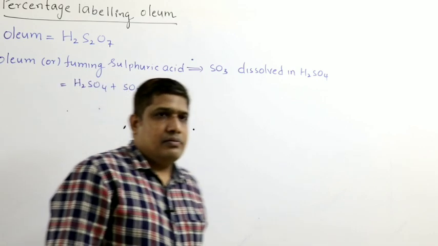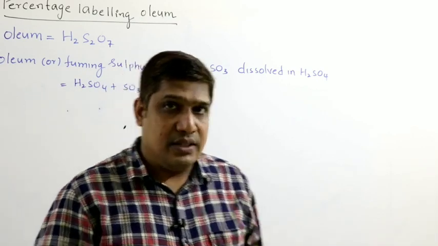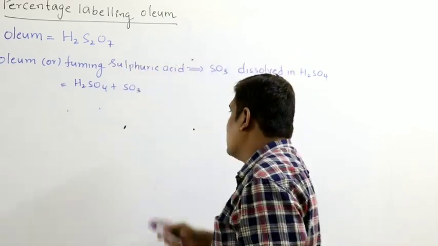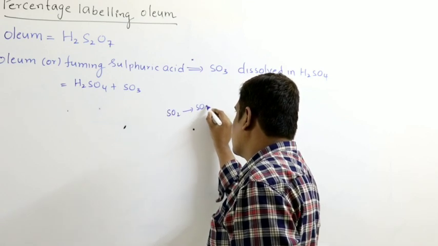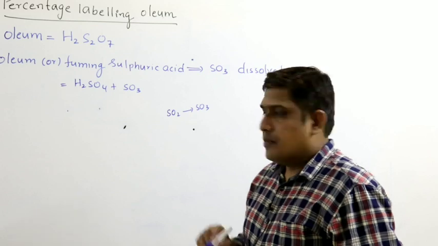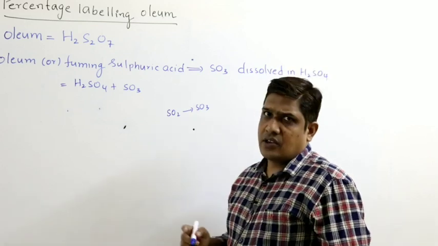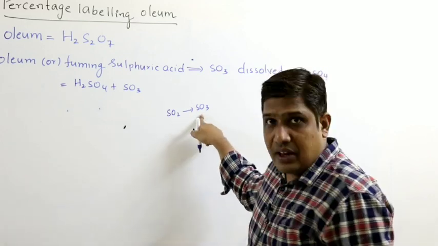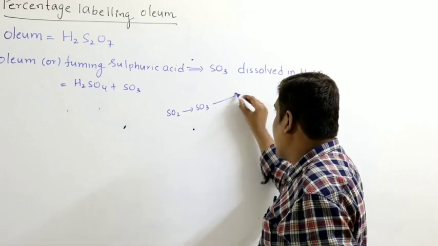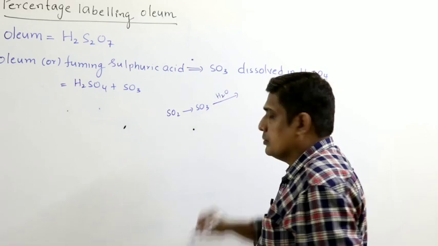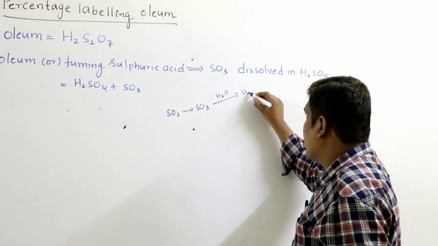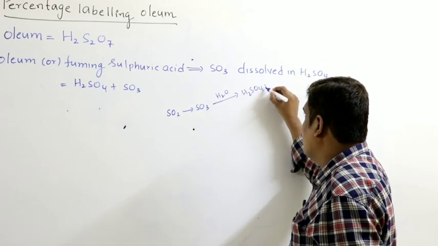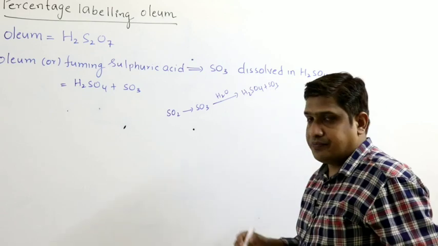So in the preparation of sulfuric acid, we take sulfur dioxide, oxidize it to sulfur trioxide. We take sulfur, convert into sulfur dioxide, then we completely convert it into sulfur trioxide. To this we add water. Some of it will react, some of it will remain unreacted.